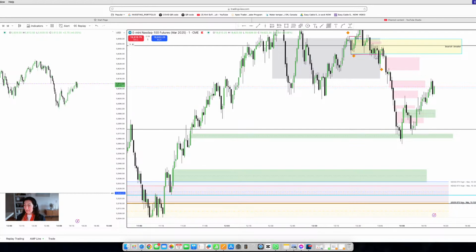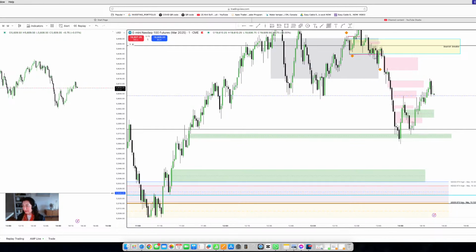Oh, this price action is painful, isn't it? I do prefer trading the morning session. If I get a nice trade in the morning session, I normally don't come to the afternoon session. Or I have it on in the background, and every once in a while I'll take a look, but I prefer to have a good morning trade.